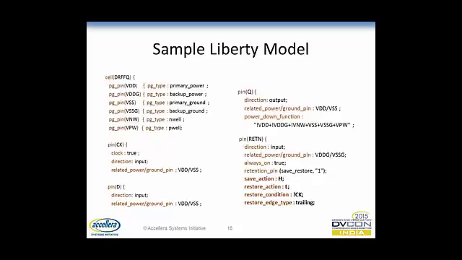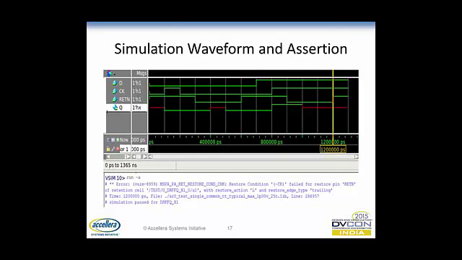Now these attributes are already available in the liberties, so we have a simulator that reads this particular information. In this one, you can see that in the first stage the violation is not happening because at that time the clock is low, whereas at the second edge where the yellow line is, there is a violation happening, and the same is reported by the tool along with the actual condition.